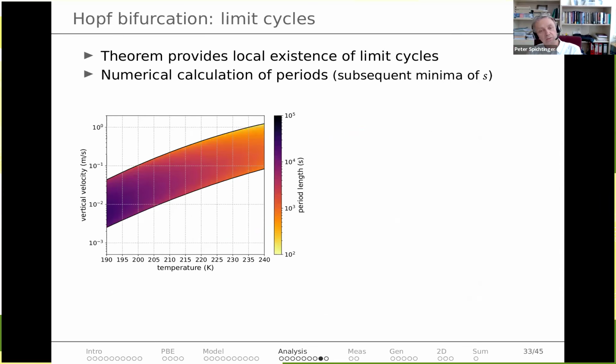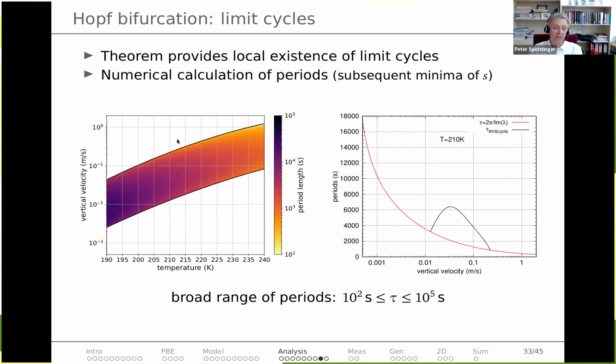The theorem says there should be something like a limit cycle, and you can calculate the periods of these limit cycles of the oscillation. This is the diagram for this. Again, you see these two Hopf bifurcations, and if you cut through, for instance, at 210K, this is more or less the line you see here. This is the period of the oscillator at a certain vertical velocity.